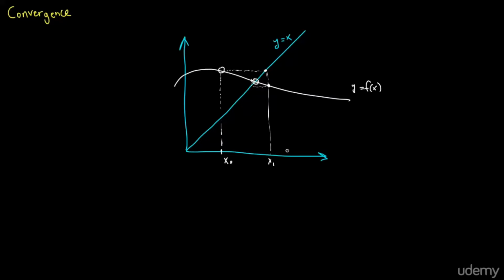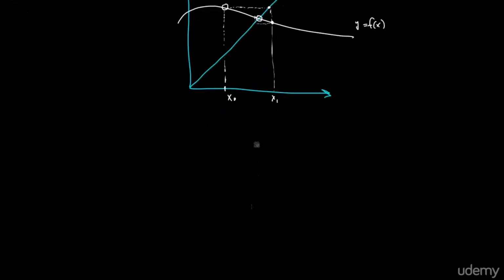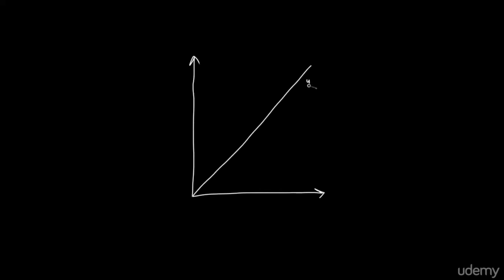This is a simple illustration of convergence. However, this approach does not always work. In some cases you might have the same kind of setup, but it simply will not work. Let's take a look at a different kind of plot. Once again we have y equals x, and then some function that goes like this, y equals f of x.